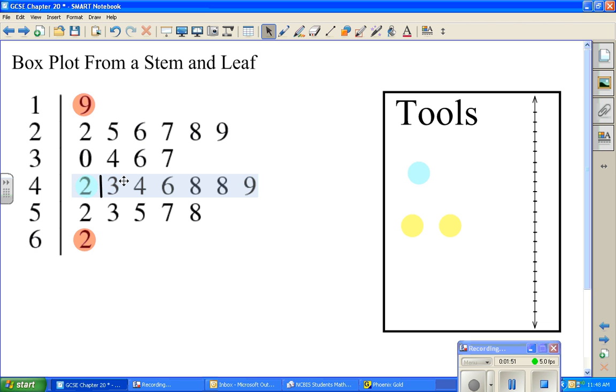Now we get the same thing when we look at the lower quartile.